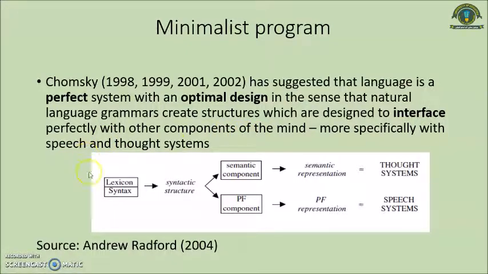So basically, we have a lexicon, a syntax, and we have syntactic structures, and those syntactic structures have two aspects: a semantic component and a phonological form. The phonological form is represented in the form of speech systems, and semantic components are represented in the form of thought systems.